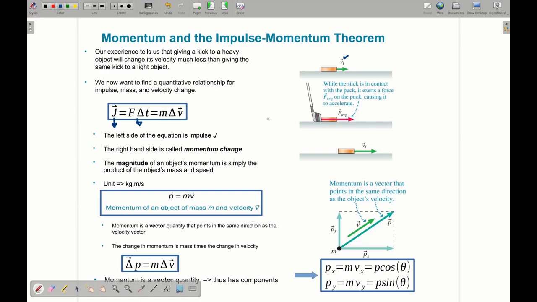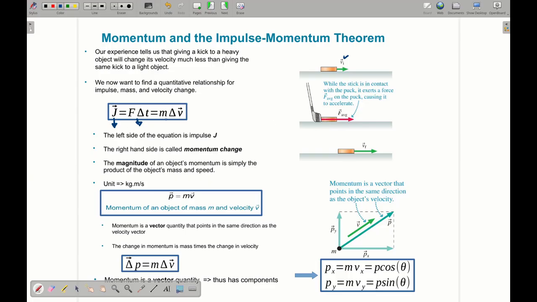Why is mass important here? If I apply my force to different masses, the change of speed will differ, right? If I'm applying a force to a hockey puck for some certain amount of time, I'm going to change the speed. If I apply the same force for the same amount of time to a bowling ball, for example, the change in speed will not be the same.